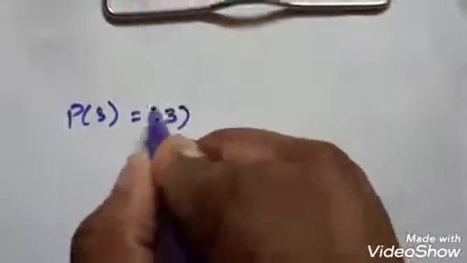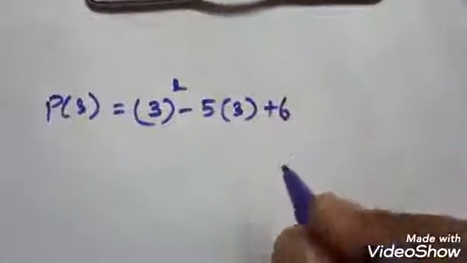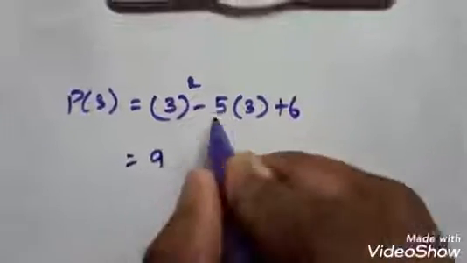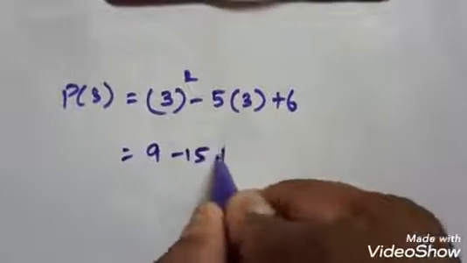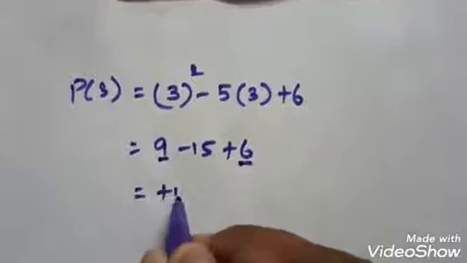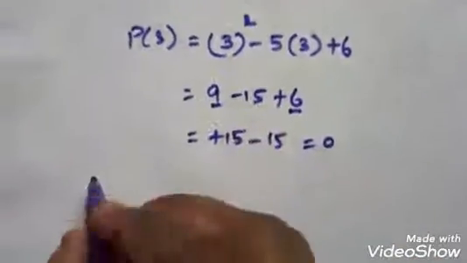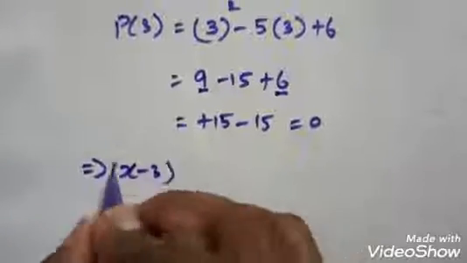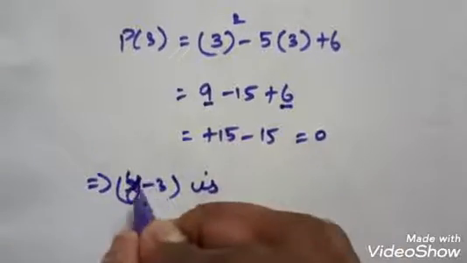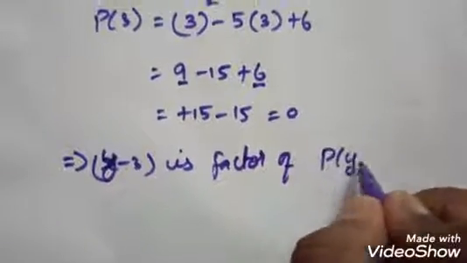Properly, in your home. So now I take P of 3, which is equal to 3 whole square minus 5 into 3 plus 6. So 3 3s are 9, minus 15 plus 6, we get plus 15 minus 15, which is equal to 0. So P of 3 is equal to 0, which implies y minus 3 is a factor of P of y.